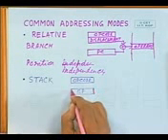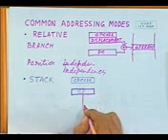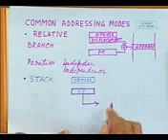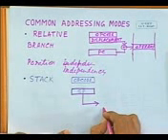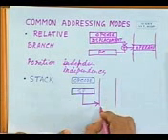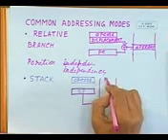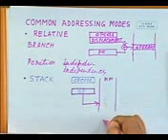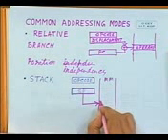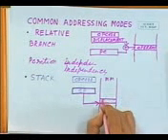The stack pointer is initialized with some value, and it points to the bottom of the stack. Suppose this is your main memory where the stack is implemented, and the stack pointer is part of the CPU. Initially, let's assume this location immediately above the bottom is empty.